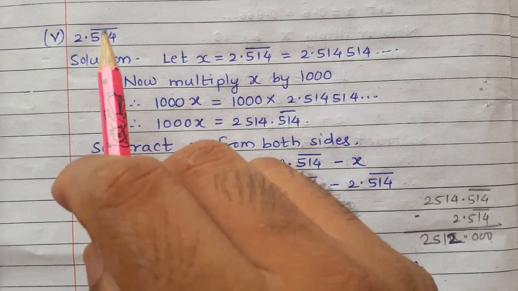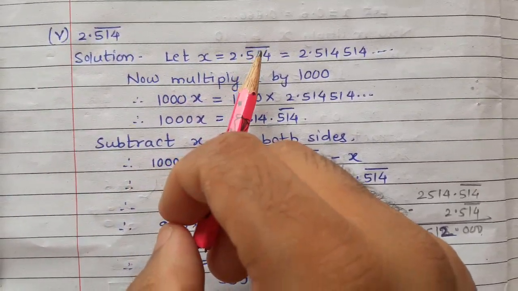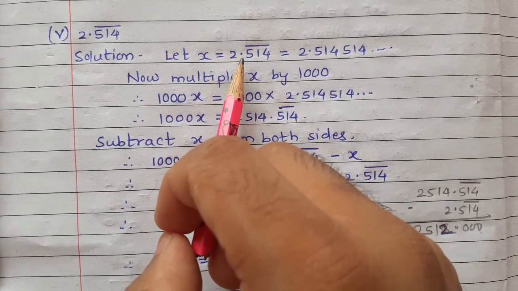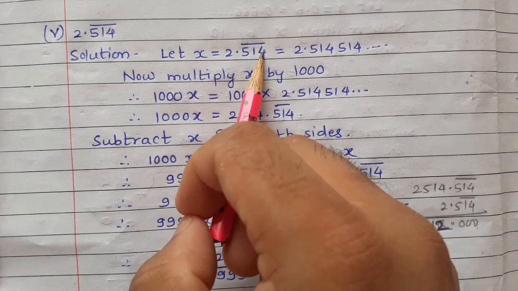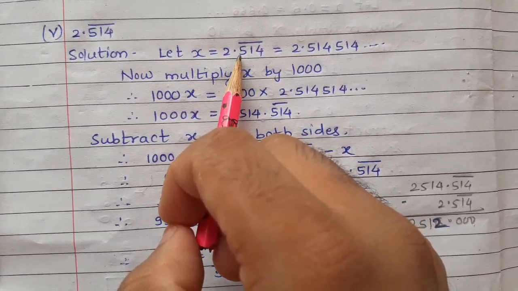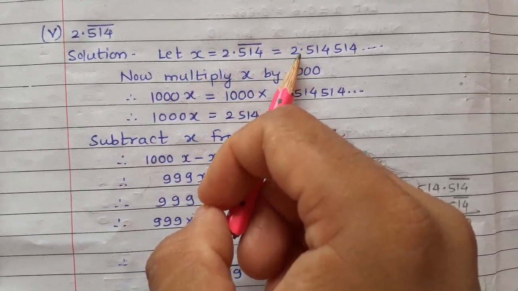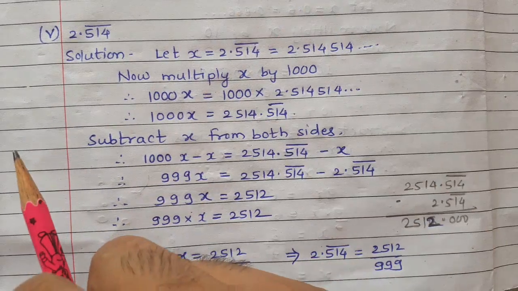2.514 bar over 514. Solution. Let x is equal to 2.514 bar over 514. Here after the decimal point there is a bar over 514. That means 3 digits are recurring digits, that is 514. Therefore we have 2.514514 and so on.